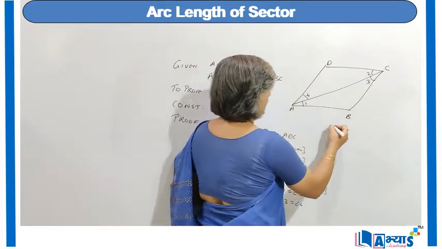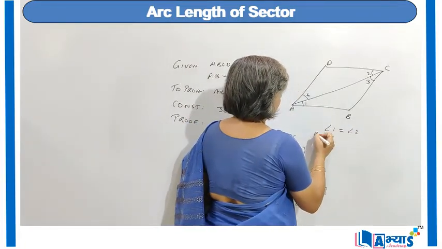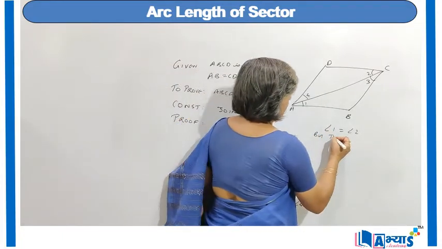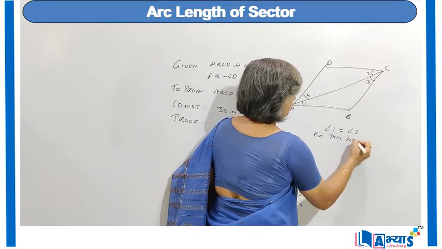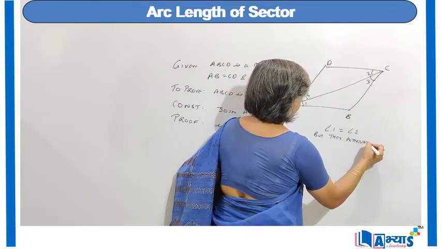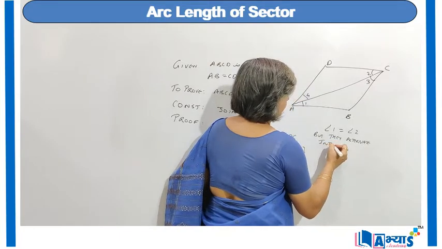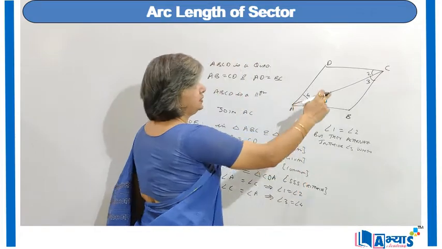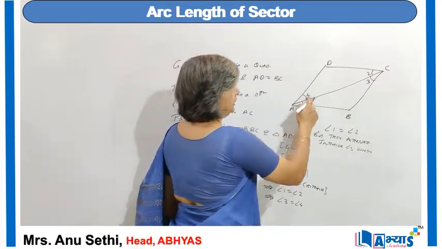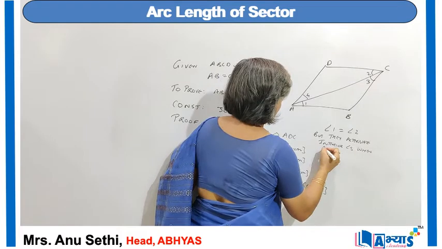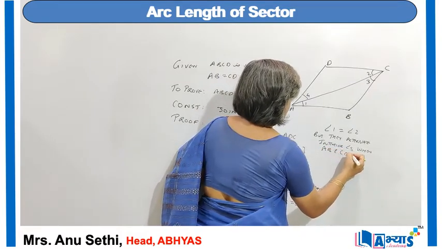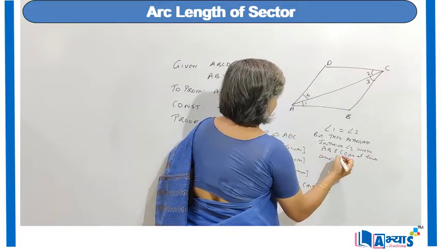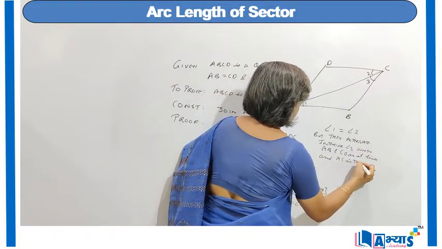Now angle 1 is equal to angle 2, but they are alternate interior angles when AB and CD are straight lines and AC is the transversal.